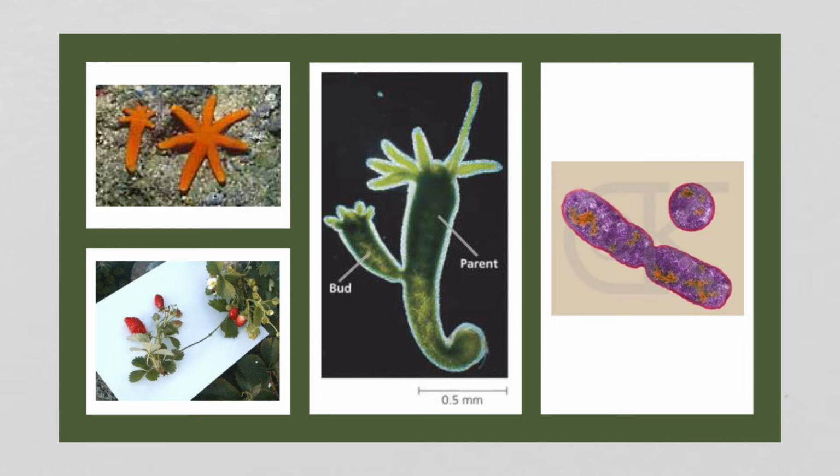Starfish, if they lose one of their arms, can regrow the missing arm. And if one of those arms breaks off and it has enough of the central ring, this inner part, that arm will grow all the remaining missing arms. So now you have two starfish where you only had one before.